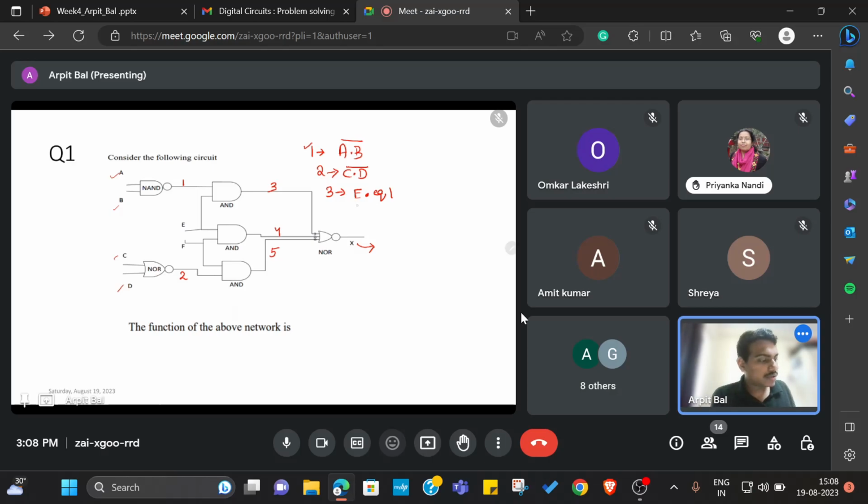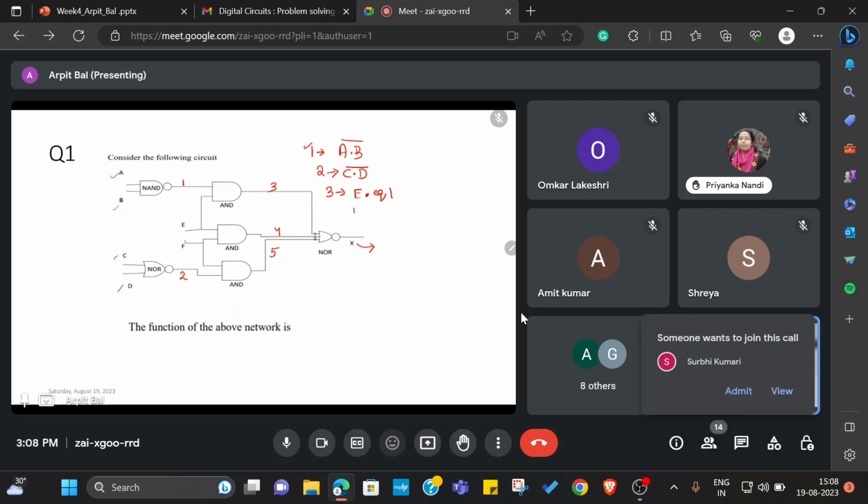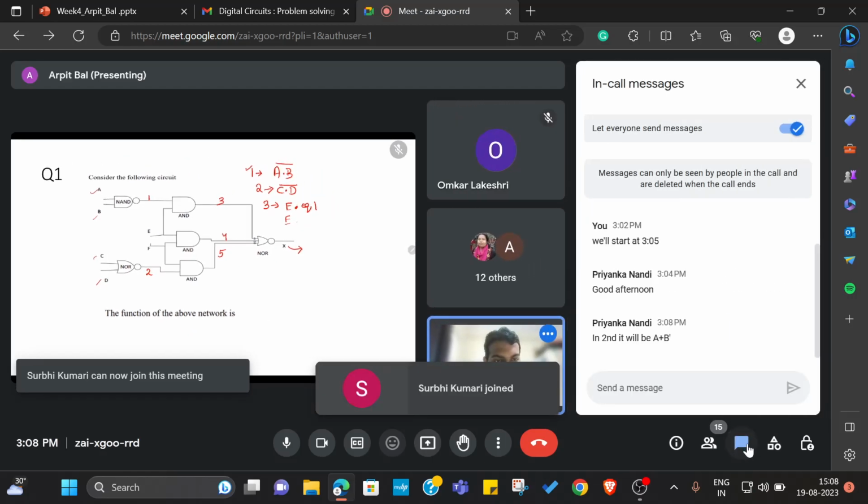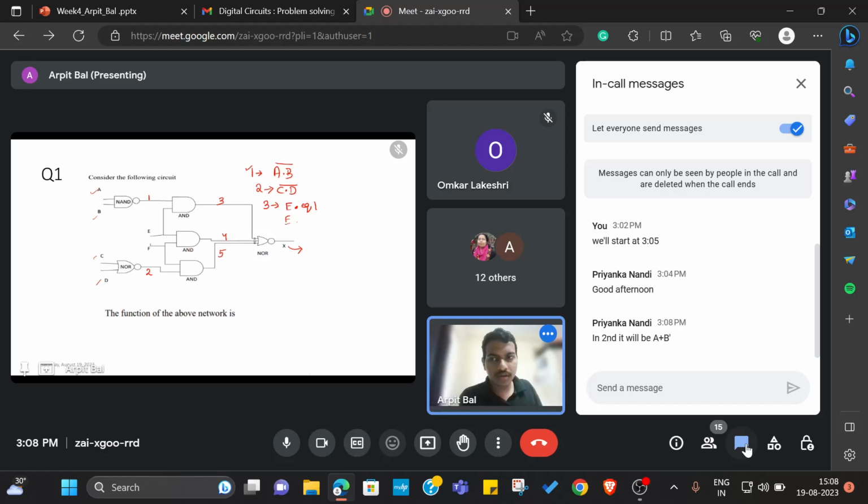So number 3 is E·equation 1. Equation 1 is, second it will be A plus B bar.